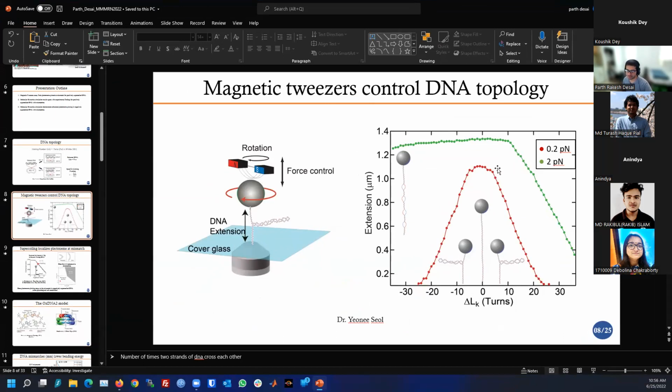But if you apply the twist very suddenly, say 10 turns, jumping directly to this point, it wouldn't matter that much, at least in the experimental sense. In the simulation sense, it'll probably be similar. You'll have some fluctuation, but overall the time scale of application shouldn't matter. It's an equilibrium process.